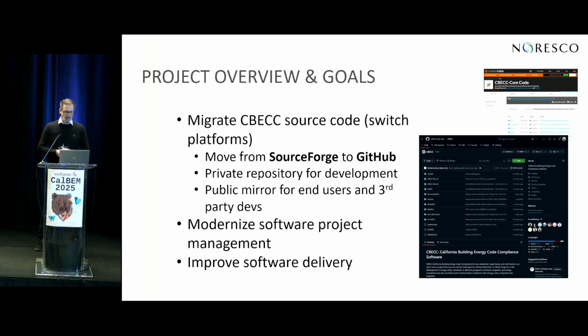The goals were, again, to modernize the way we do the project, the way we deliver software, the way you guys interact with the software, and just generally improve software delivery.